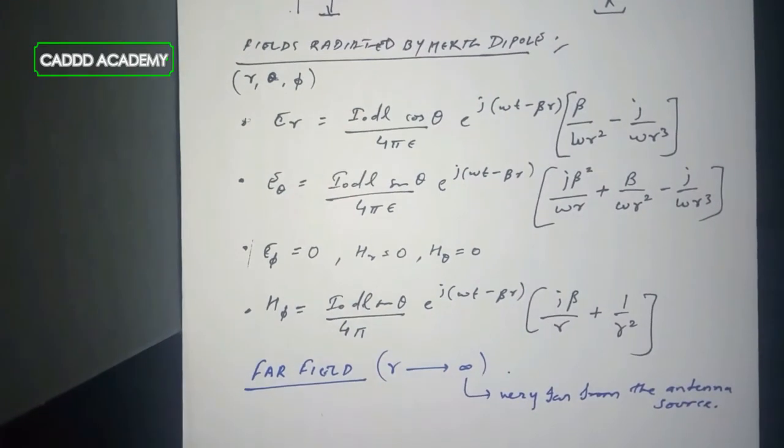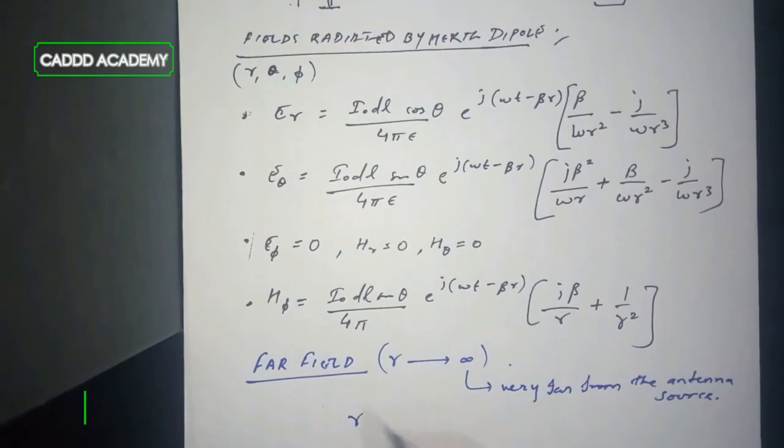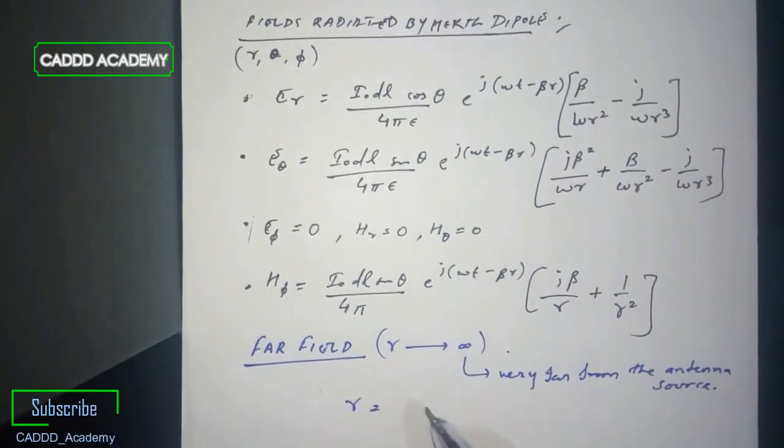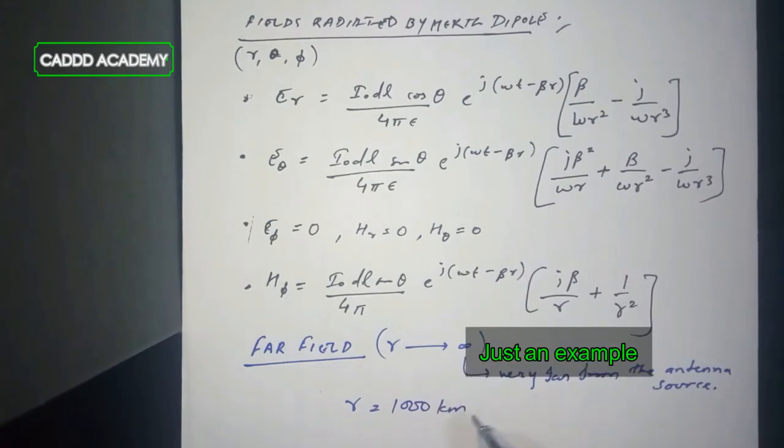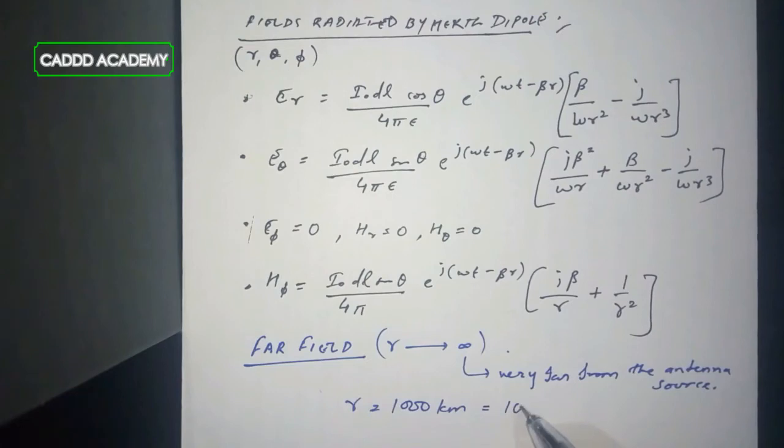Let's say r is very far, say 1000 kilometers, which means 10 to the power 6 meters. Here r is in meters, so this r is 10 to the power 6.